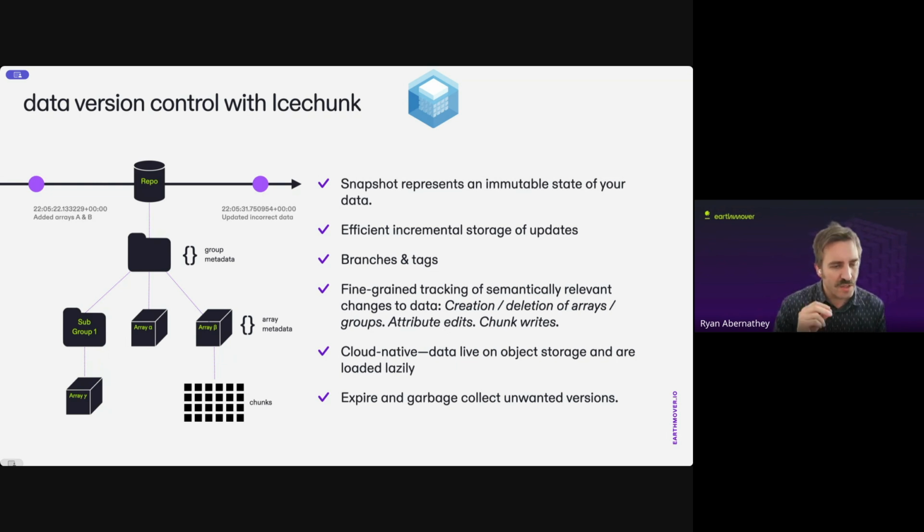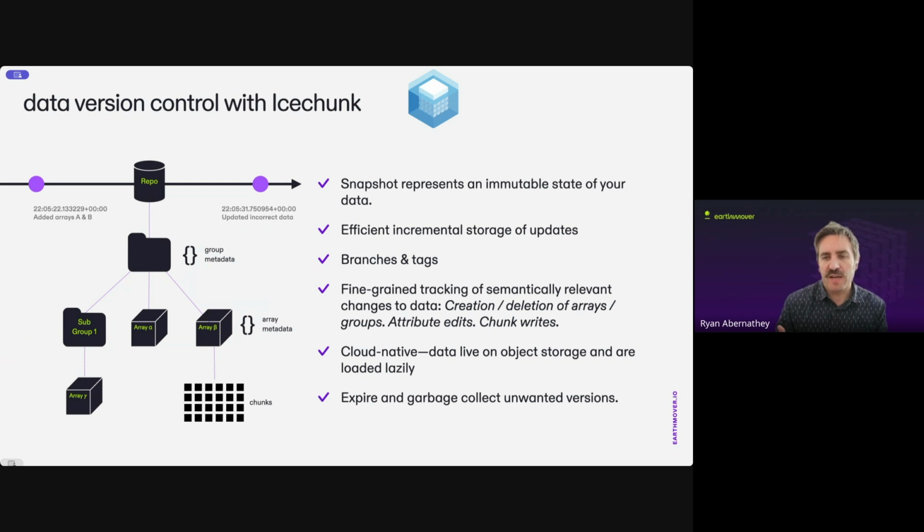In Icechunk, the minimum unit of update is a single chunk. So if you want to write some data or overwrite some data, you're only going to store the minimum number of chunks necessary to represent the latest state of the data. You don't have to copy large volumes of data in order to have multiple versions. As I'll explain on the next slide, Icechunk also supports branches and tags, just like Git.